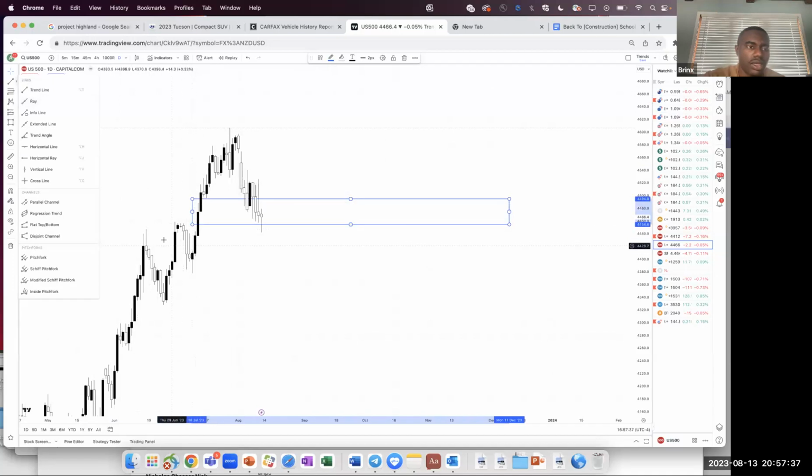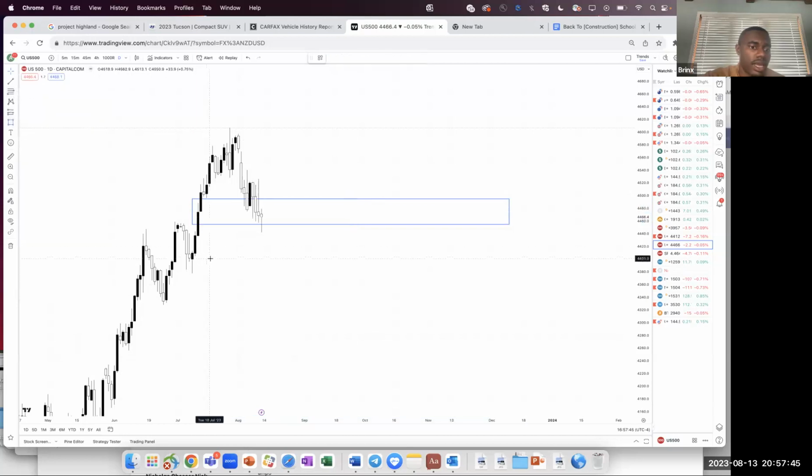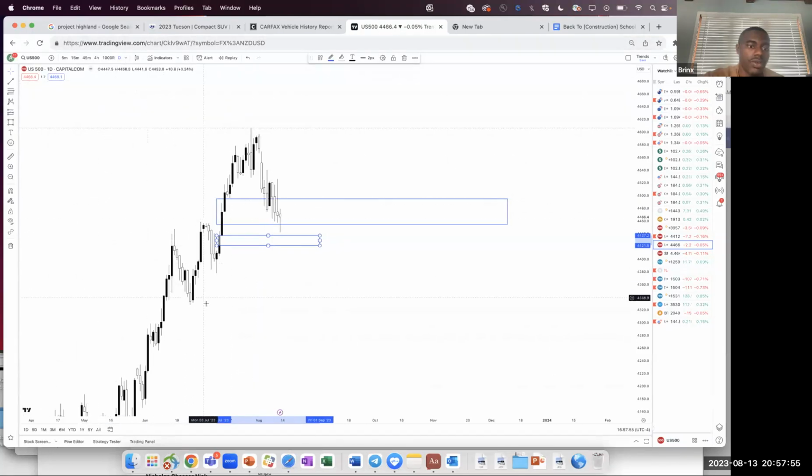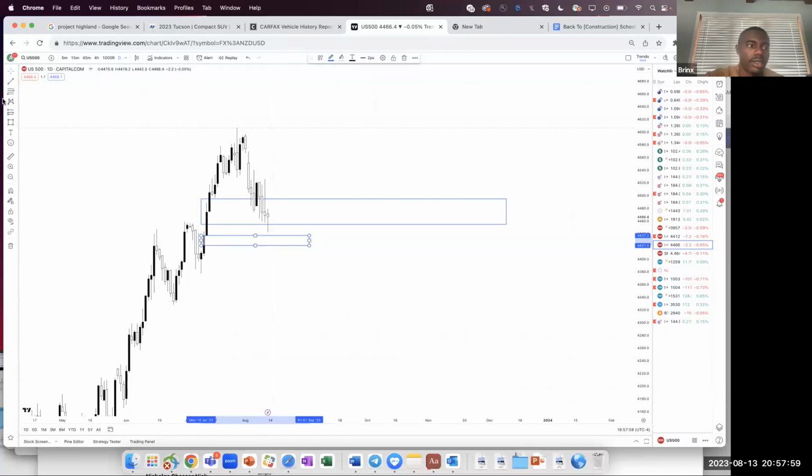And the reason for that is just the correlation between Nasdaq and S&P. I do see an imbalance here that I think price might flow into. So I wouldn't be surprised if we start things off higher and then continue this downtrend down.